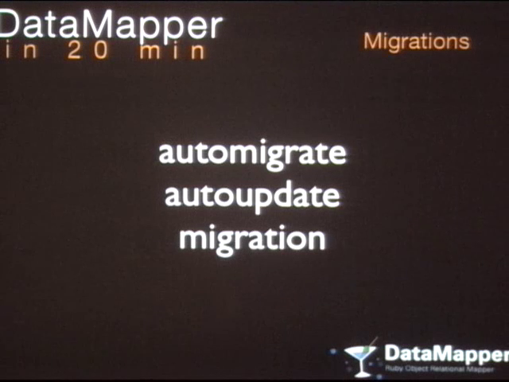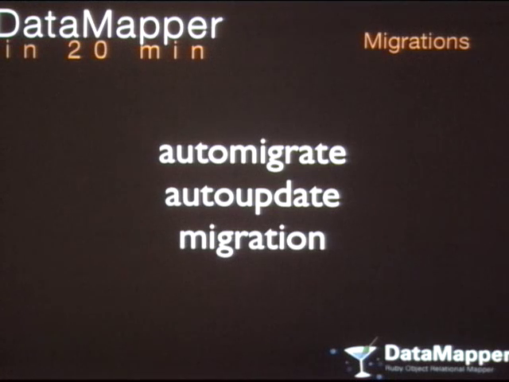Once you define all these models, you can just run auto migrate, and DataMapper will read your models and create the database for you with all the fields, all the tables you need, everything you need. That's awesome because if you write your application properly, you can take any new developer, give them a laptop, and just say run rake db:auto_migrate, and they should be up and running. There is no such thing as migration up and down. There's no confusion about, oh, my migration doesn't go up anymore because I changed my model. You don't have that anymore.